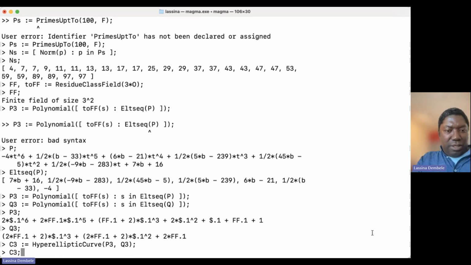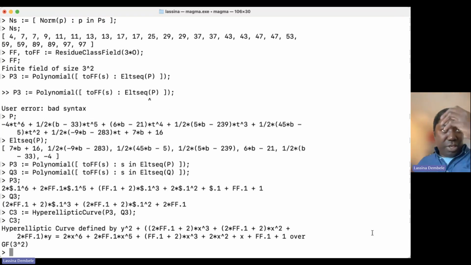So now this is the hyperelliptic curve, which is the reduction of the one we saw earlier. Now you have a curve over a finite field, and then you can apply some of those results that we just saw.